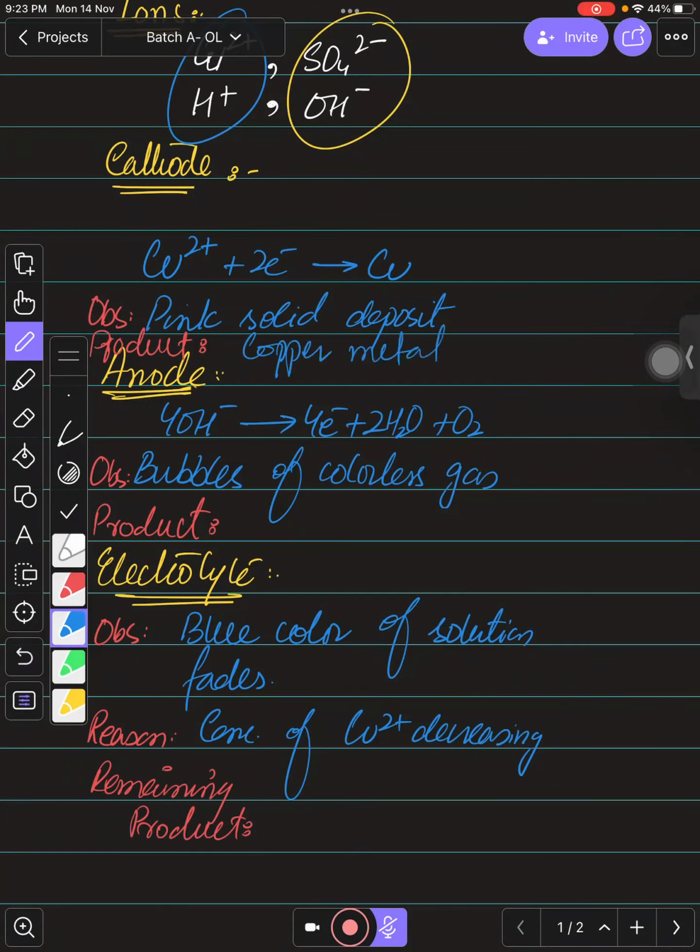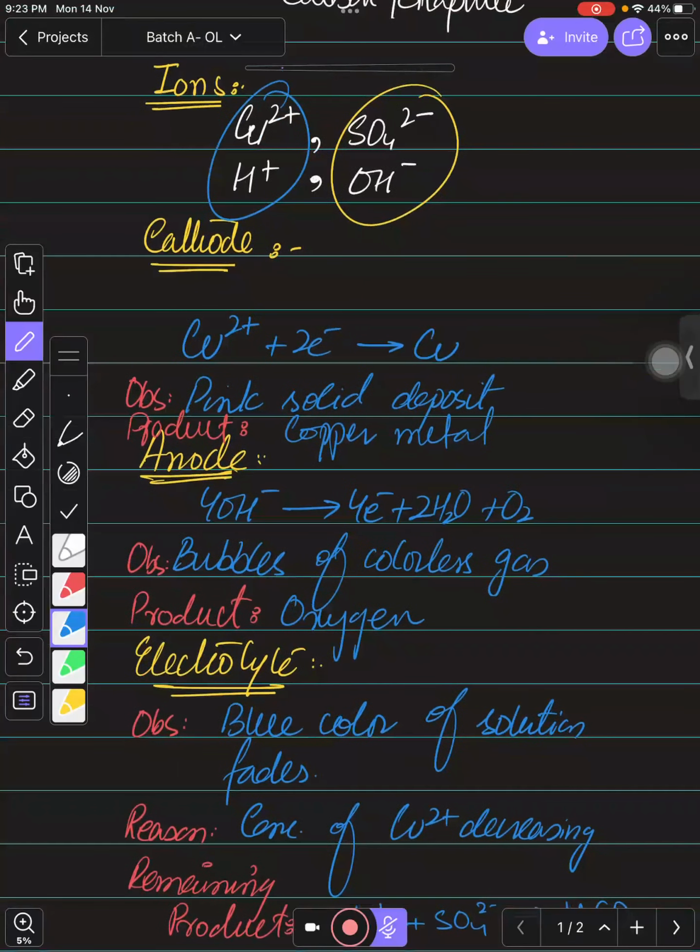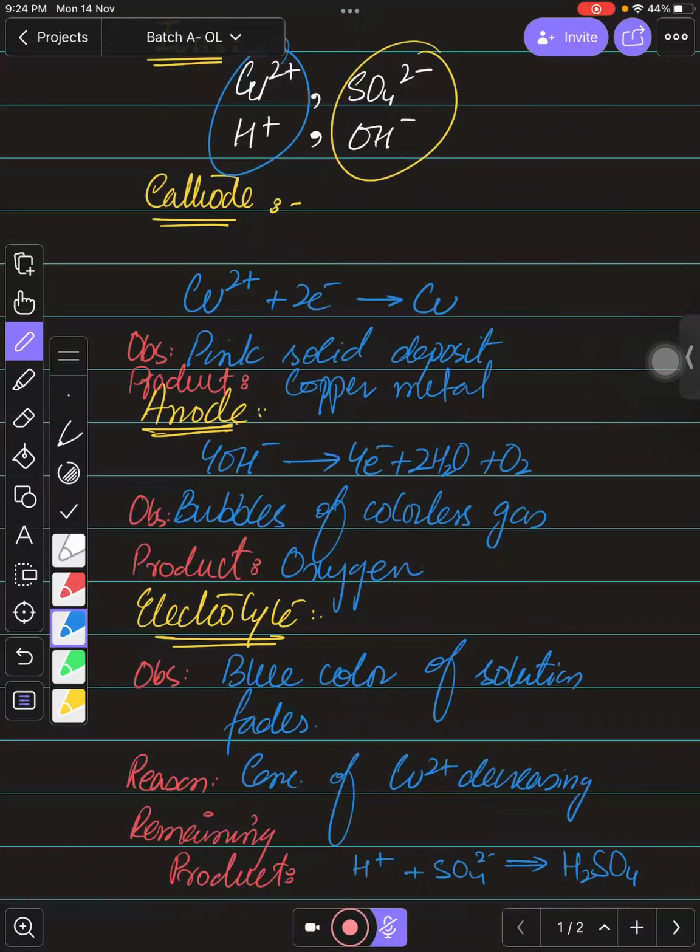And at the anode the products are actually oxygen and water, but the one which is liberated and emitted from the electrode is oxygen. The remaining H ions plus sulfate ions will give you sulfuric acid, H2SO4, right, bachcho? This is what you need to know. You already did this before I explained it, right, bachcho?